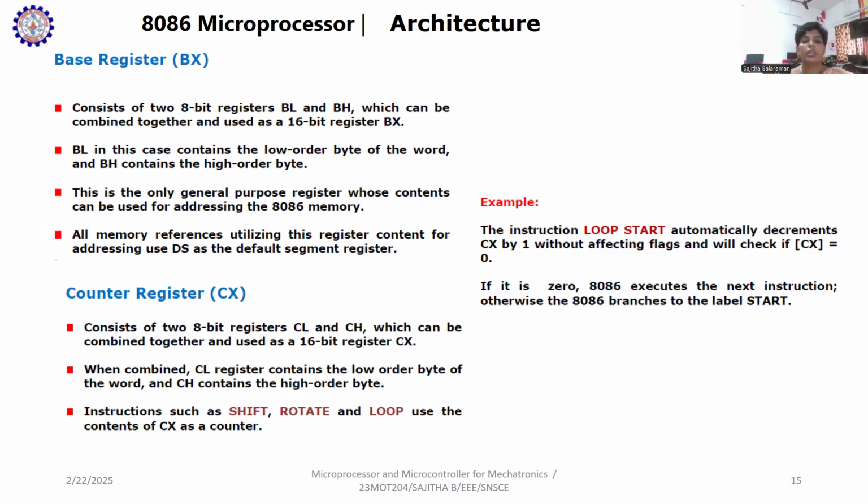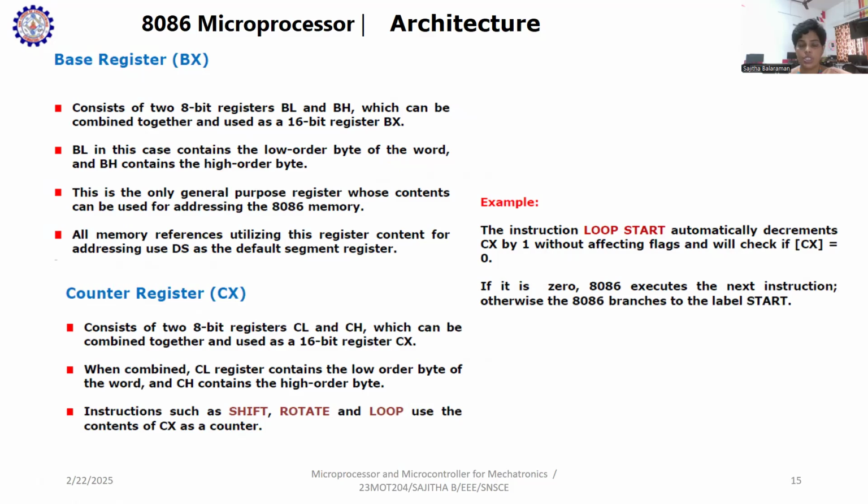The counter register CX consists of two 8-bit registers, CL and CH, which can be combined and used as the 16-bit register CX. When combined, the CL register contains the lower order byte of the word, and CH contains the higher order byte.